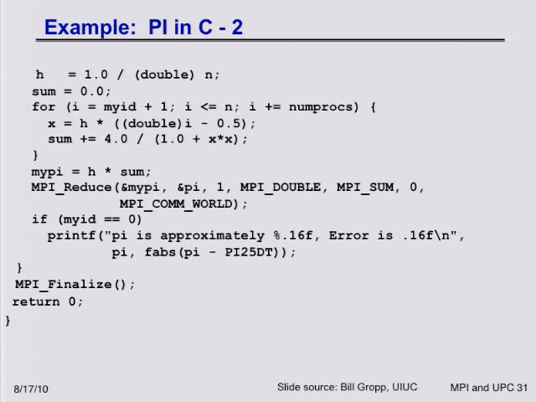You're kind of throwing these darts at a unit circle, figuring out how many of them end up inside the unit circle. There's the little computation that's checking whether or not these random numbers are falling inside. And then you add all these together and compute the approximation for pi that way. So just a simple example with broadcast and reduce in them.